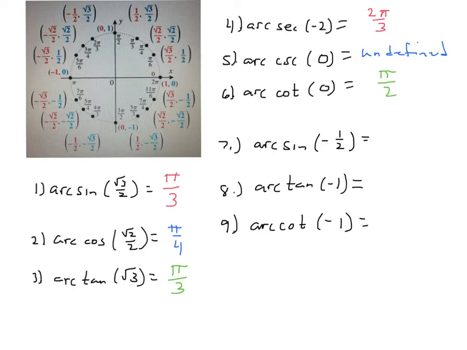So those are not possible answers. For the arc sine of negative 1/2, I'm looking at an angle in quadrant 4 whose y-coordinate is negative 1/2. That does happen right there. But instead of 11 pi over 6, remember we would do a clockwise rotation of pi over 6 units. So the answer on that would come out to be negative pi over 6.